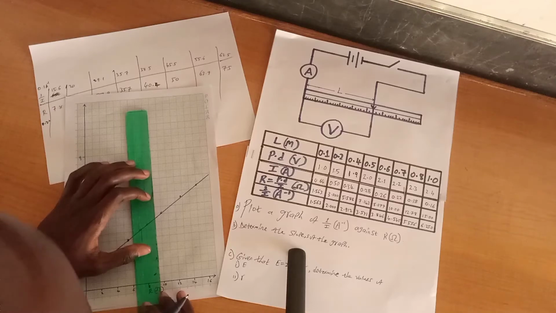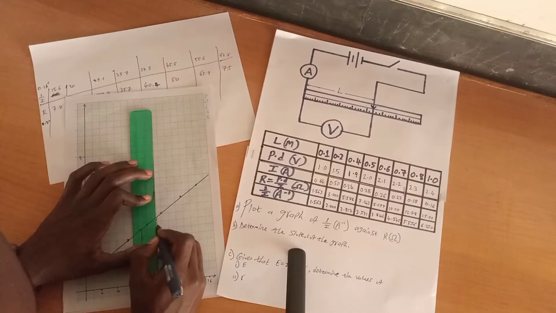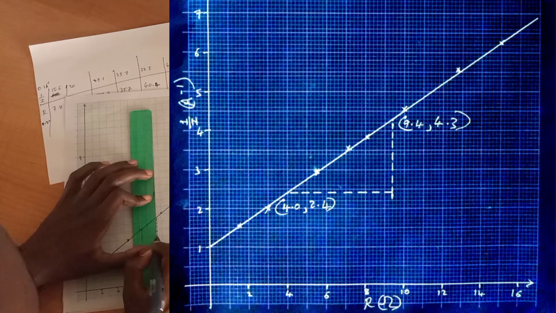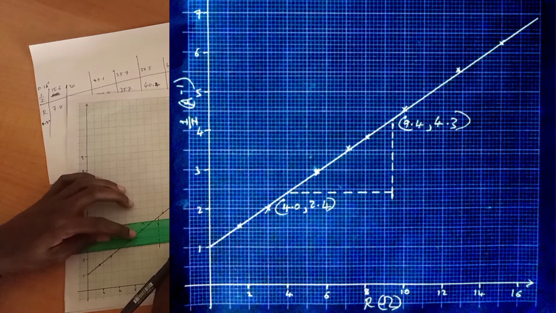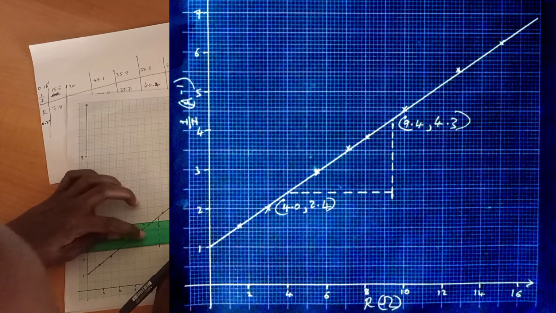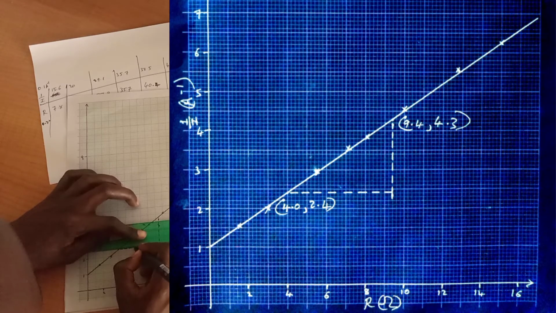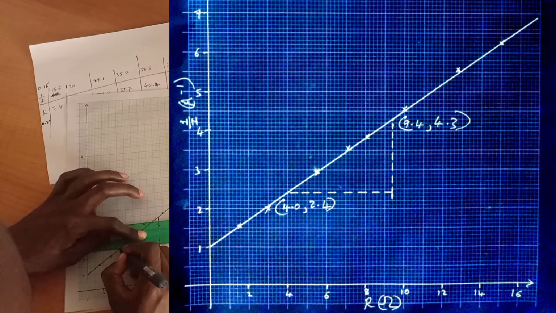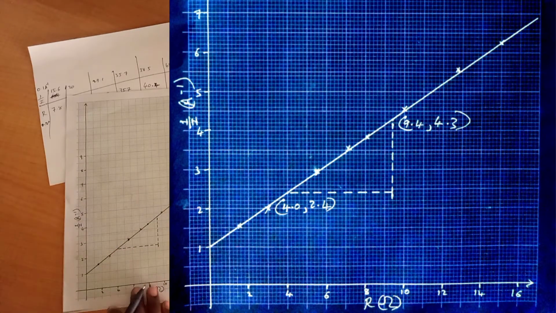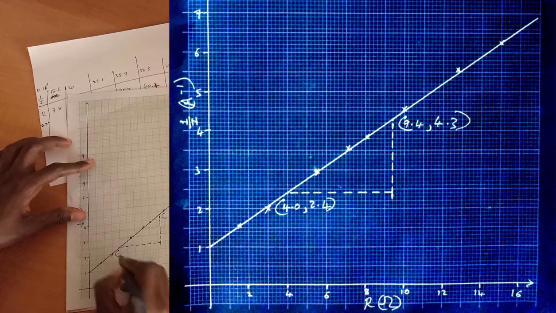These are our two readable points. We mark those points so that we read the values there.